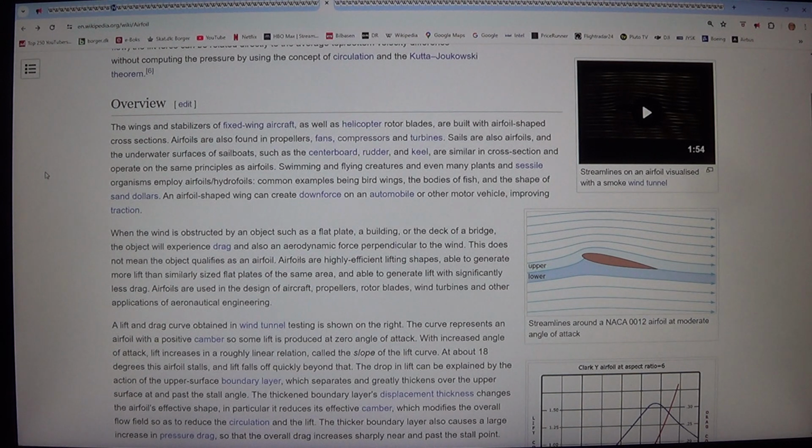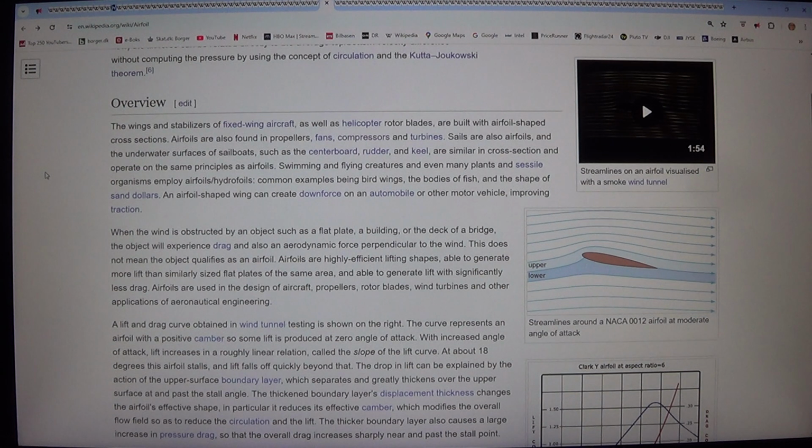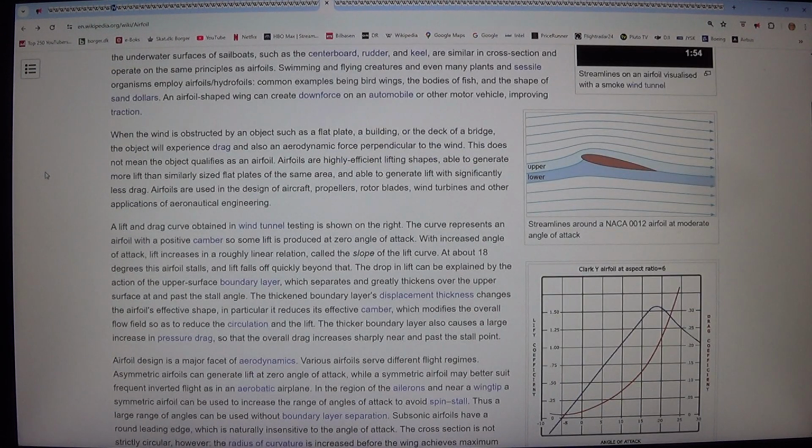An airfoil-shaped wing can create downforce on an automobile or other motor vehicle, improving traction. When the wind is obstructed by an object such as a flat plate, a building, or the deck of a bridge, the object will experience drag and also an aerodynamic force perpendicular to the wind. This does not mean the object qualifies as an airfoil.